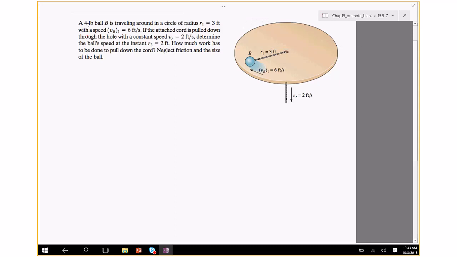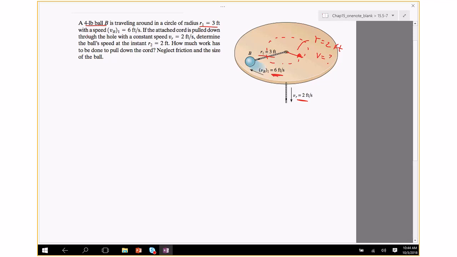A 4 lb ball B is traveling around a circle with radius 3 feet, with a speed of 6 feet per second. If the attached cord is pulled down through the hole with a constant speed of 2 feet per second, determine the ball's speed when the instance r equals 2. So at some point of time the radius is going to be 2 feet, and you have to find the velocity when the radius is 2 feet.